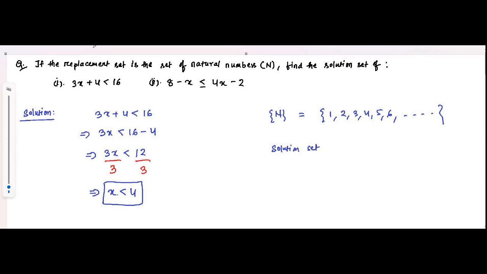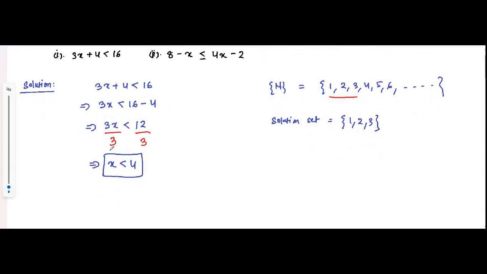So the solution set for this first inequation, where x should be lesser than 4, is 1, 2, 3. Only 1, 2, 3. This is the solution set for x lesser than 4.